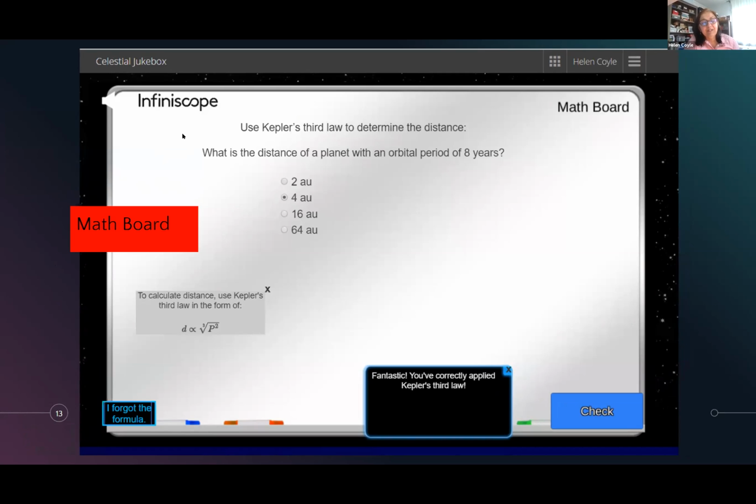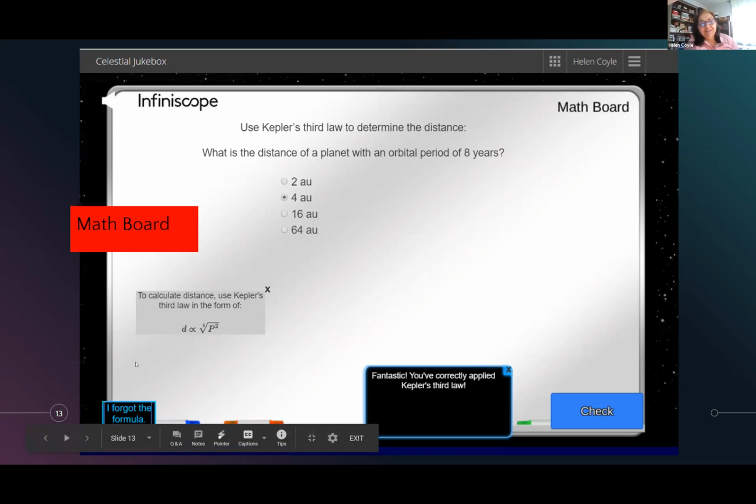And that's what makes it special. But in case the student doesn't remember what the equation was, you get a hint: D is proportional to the cube root of P squared. It gives them the equation to use in case they forgot the formula.